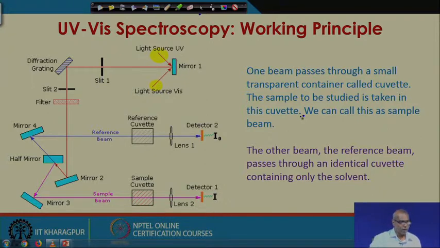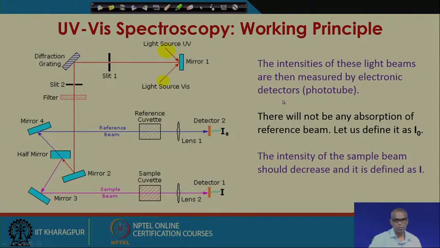So, we call one the sample beam, the other the reference beam. The intensity of these light beams is measured by electronic detectors, phototubes that we have talked about previously. There will not be any absorption of the reference beam, we call it I 0. The intensity of the sample beam should decrease, and it is defined as, let us say, I.